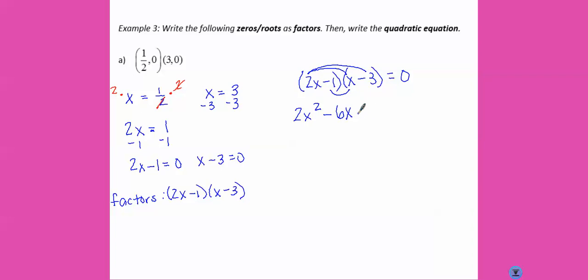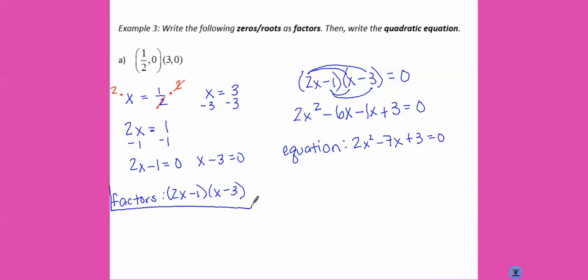Negative 1 times x is minus 1x. Negative 1 times negative 3 is plus 3. And then combine my like terms in the middle. So my equation would be 2x squared minus 7x plus 3 equals 0. So here's my factors, and here's my equation.